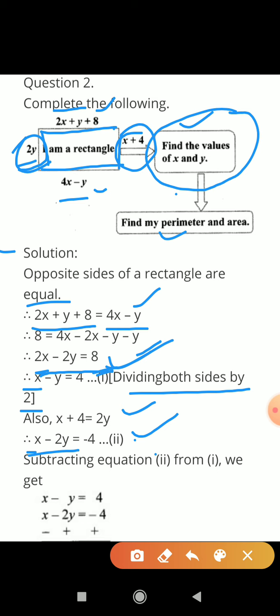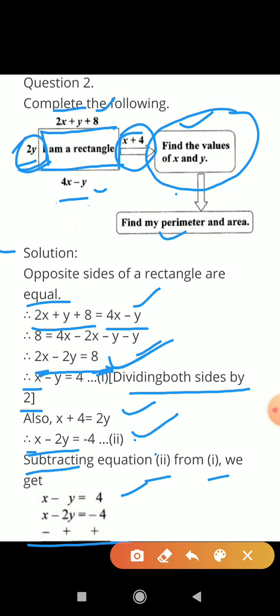So here we have to subtract the equations. So subtract equation 2 from equation 1. So write equation 1 first, x minus y equal to 4, and minus equation second, x minus 2y equal to minus 4. Now the signs change: the sign of x is plus, so by changing it becomes minus, 2y has minus, so this becomes plus, and 4 has minus, that becomes plus.